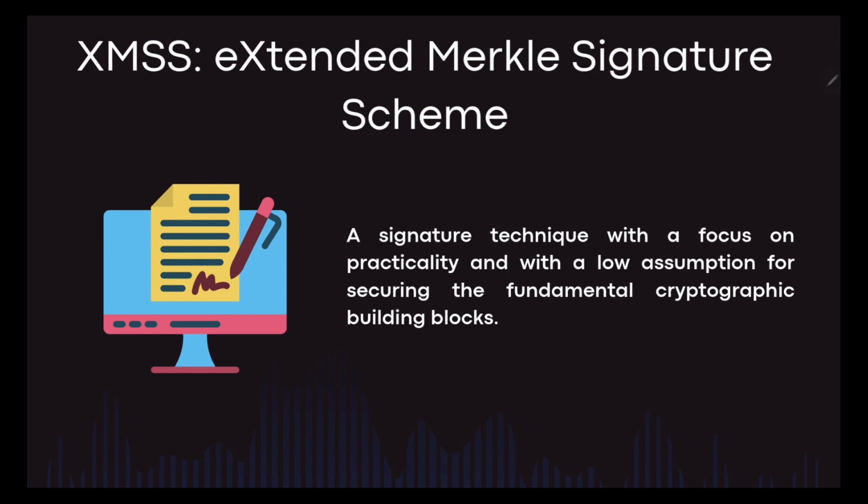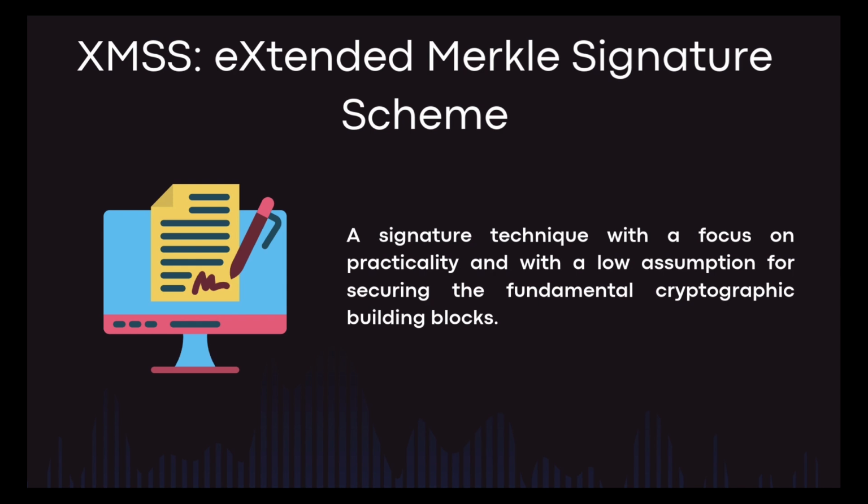The XMSS scheme, that is the extended Merkle signature scheme. We have shown that there are many challenges or limitations to the Merkle scheme, so we have introduced the extended Merkle signature scheme as follows.